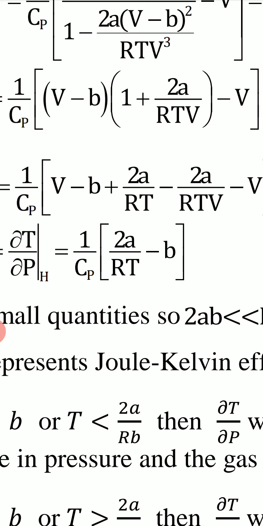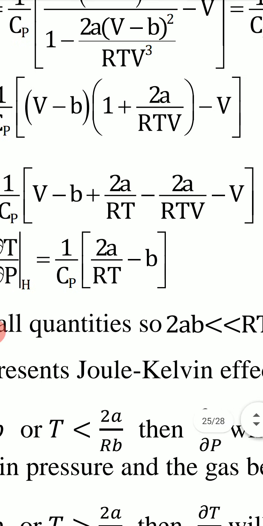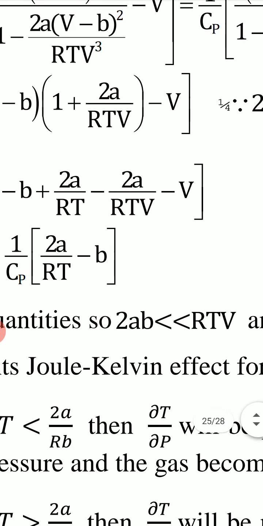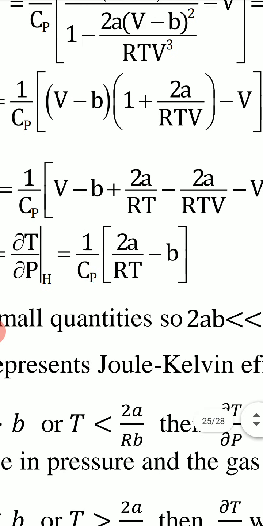Now this becomes 1 upon Cp into V minus B into 1 plus 2A upon RTV, minus V. Solve the first bracket. It becomes V minus B plus 2A upon RT, minus 2A B upon RTV.